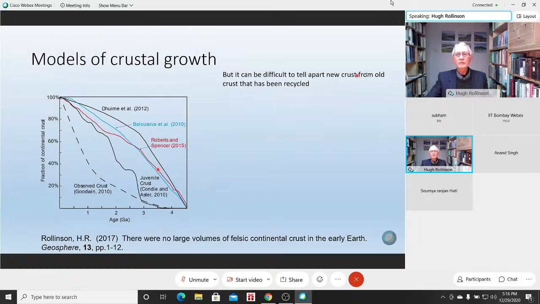So we have a problem here, because sometimes as we look at these growth curves, what we really want to know is how much new crust has formed over geological time, and differentiate that from older crust which has been reworked or recycled.